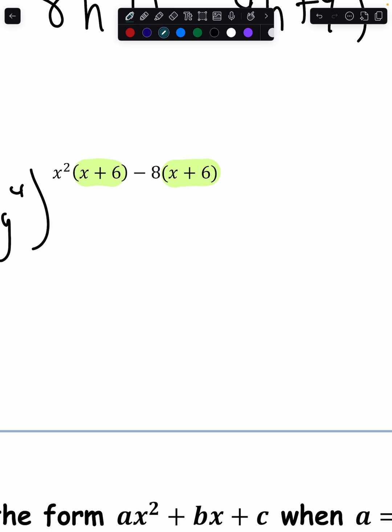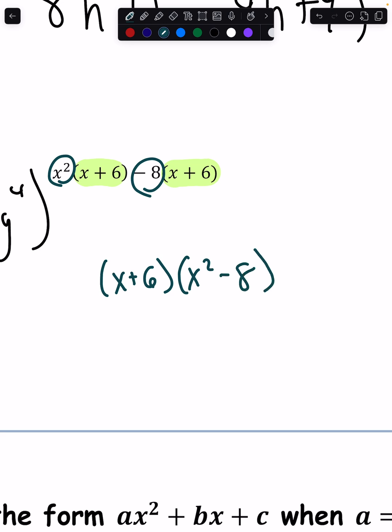So we want to factor out the x plus 6. And when you factor out the x plus 6, what we're left with is x squared minus 8. And let's make sure there's nothing else factorable there inside the set of integers. No. So that would be our answer.